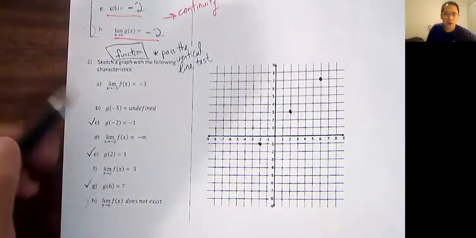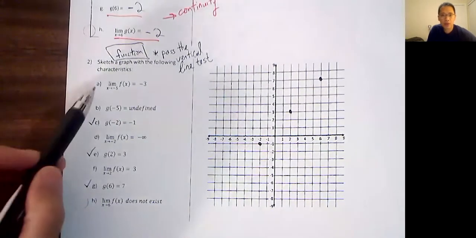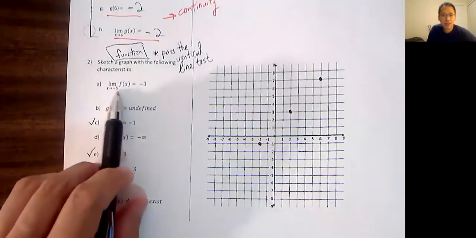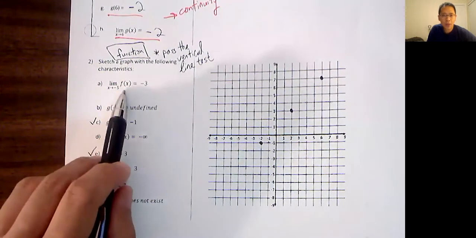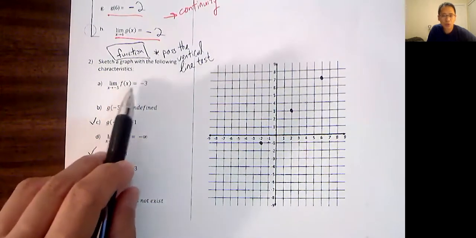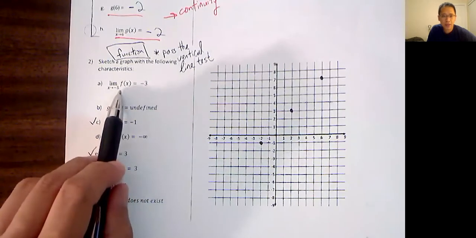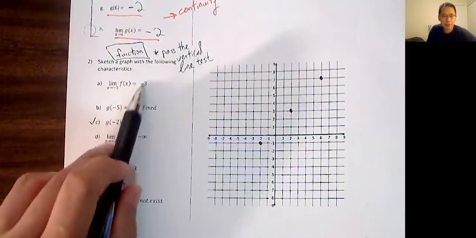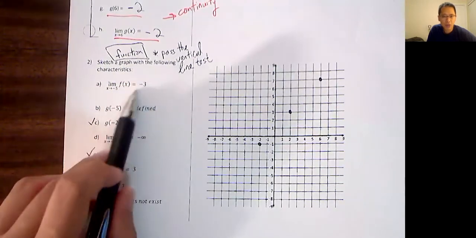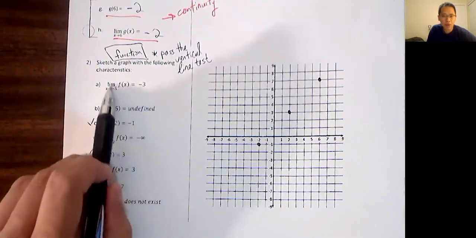Okay, so I'll go back to what's happening here. Limit as x approaches -5 is equal to -3. So I want the path of the graph to move towards (-5, -3), but I want to leave the option open for maybe there's a hole there.